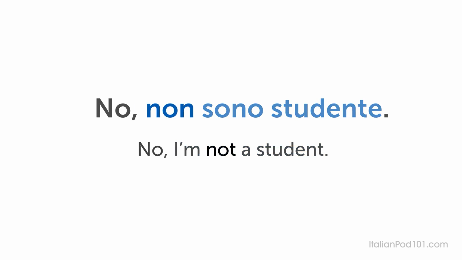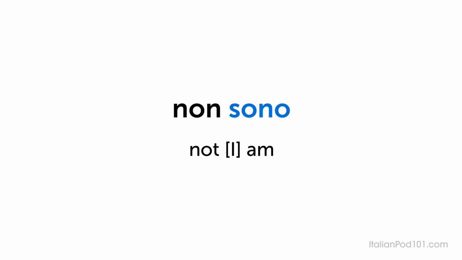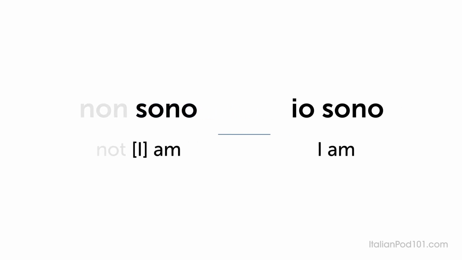Non sono studente. First is Non, not. Next is Sono, I am. Note here Sono is a shortened form of Io sono, I am. In Italian, Io, I, is usually omitted as it's understood from context.